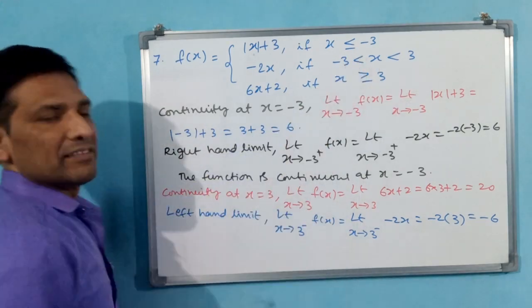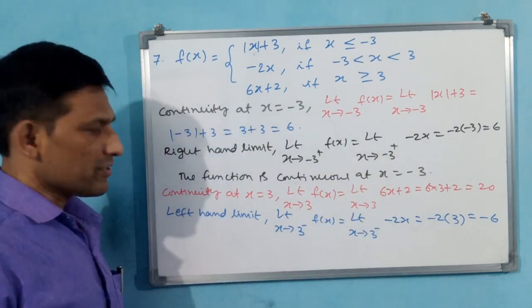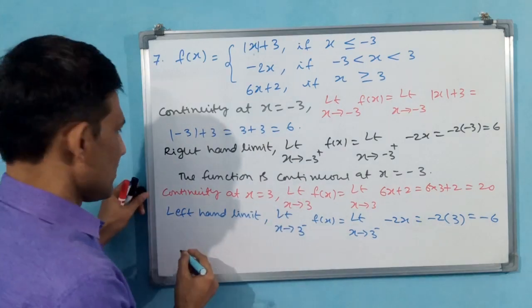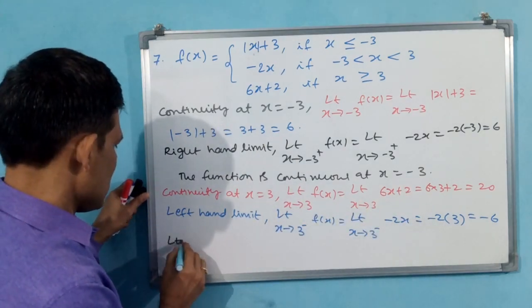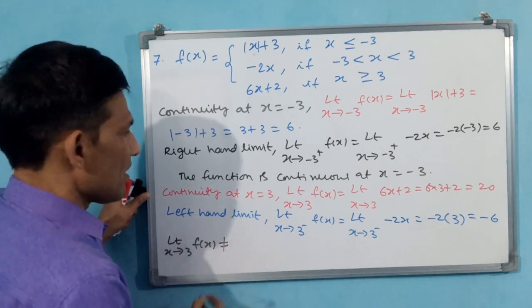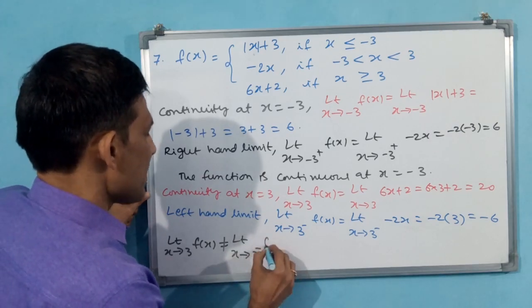That's all. Okay? At x is equal to minus 3, it was continuous. But at x is equal to 3, it is discontinuous. Write down the same. First of all you write this: limit x tends to 3 f of x is not equal to limit x tends to 3 minus f of x.